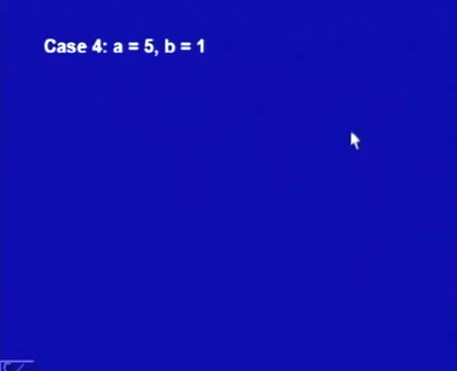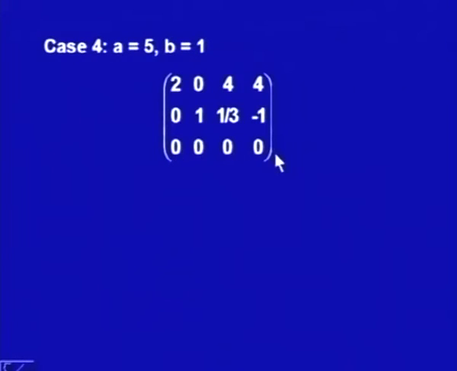And the last case is when a is equal to 5 and b is equal to 1, and if this happens, then our augmented matrix will look like this. Now, what will happen? This is the coefficient matrix. This coefficient matrix has a row equal to 0.